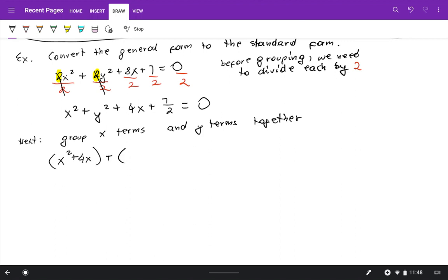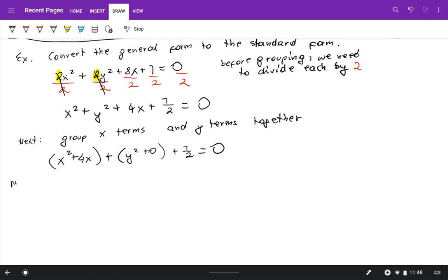We put y terms together: I have only y squared. There's nothing else, so if you want, you can just put 0. Plus 7 over 2 equals 0. That 7 over 2 I didn't group with y because 7 over 2 is a constant.